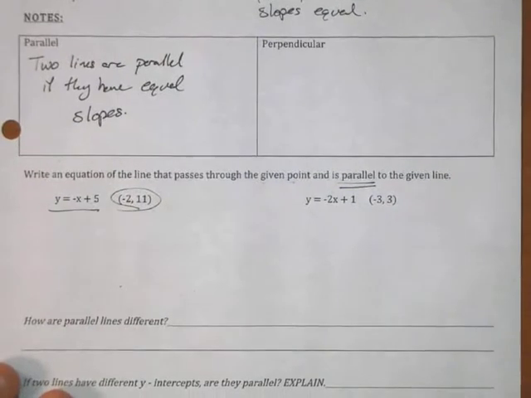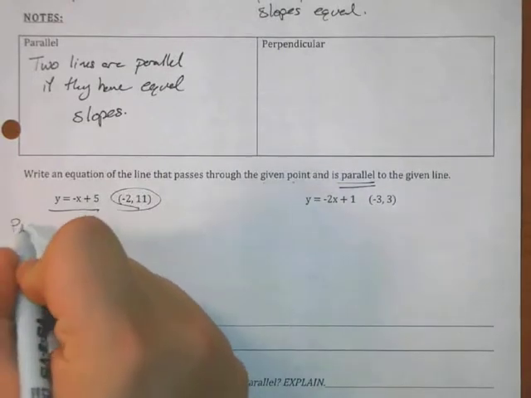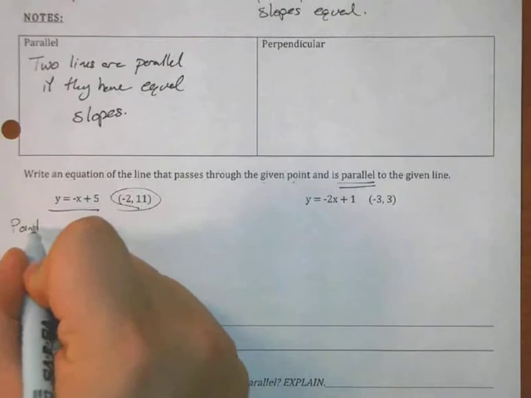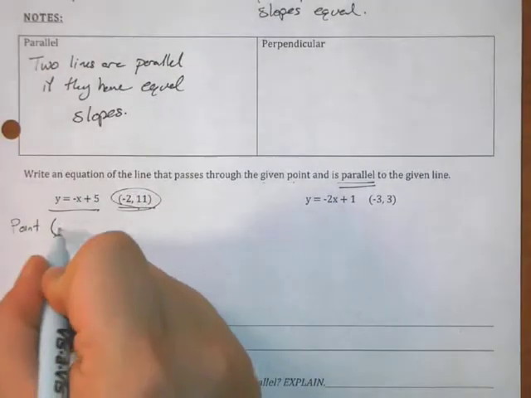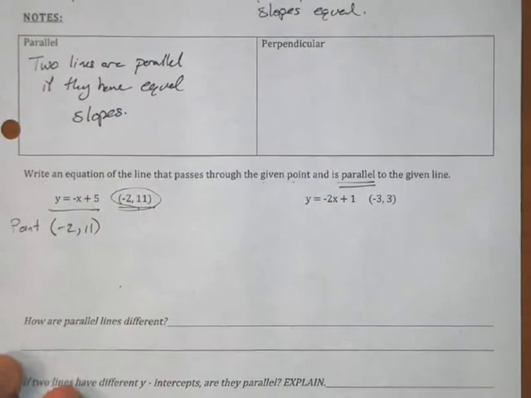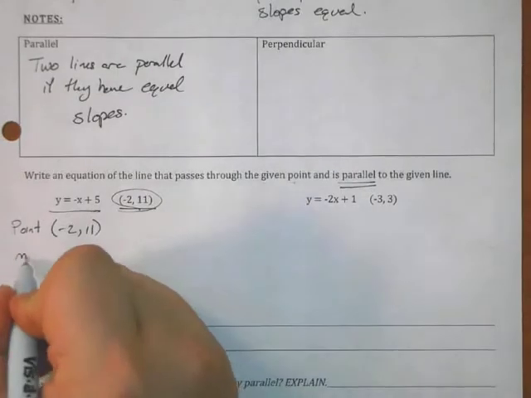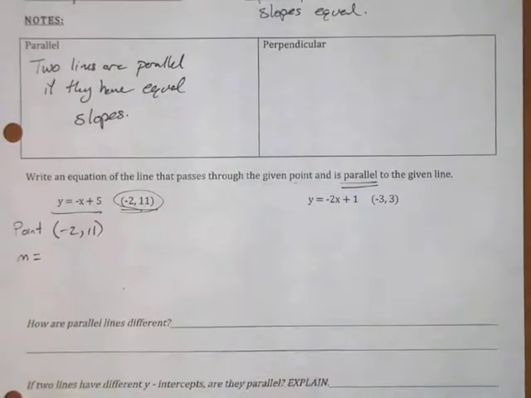Well, if we want to write the equation of a line, we said we need two things. We need a slope and a point. What's a point that's on the line we want to write? Negative 2, 11 is definitely on the line we want to write the equation of. Now we need to know what the slope of this line is going to be.